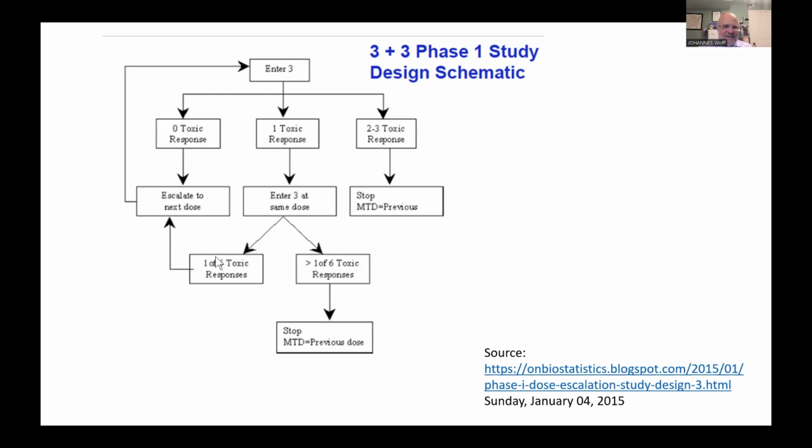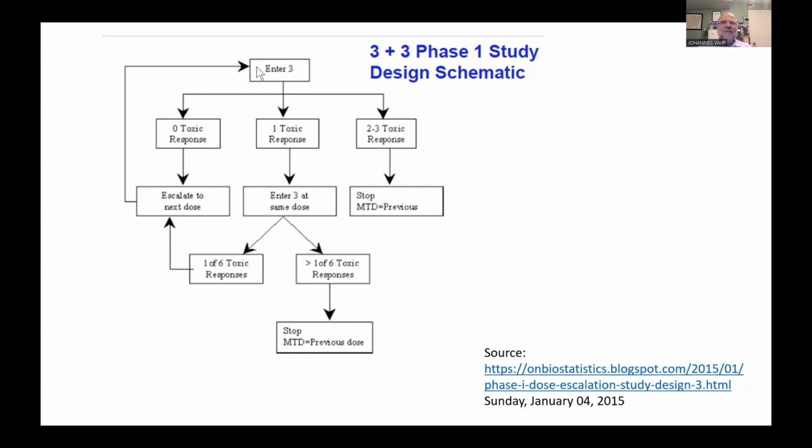Once 6 patients in the same dose level are enrolled and 1 or no dose-limiting toxicity was observed, then you may escalate to the next higher dose level again. If there are, however, more than 1, so 2 or more patients observed with dose-limiting toxicities, then that dose level is considered too high, and the previous dose level will be considered the maximal tolerated dose.